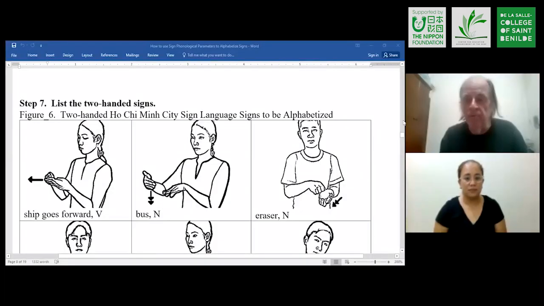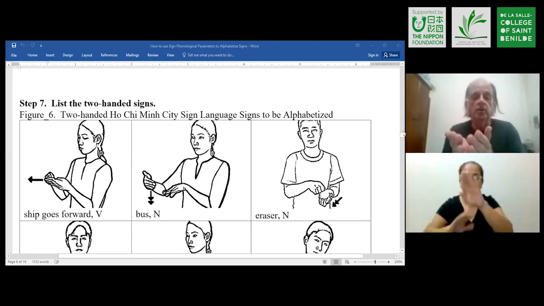All right, so now let's go ahead and look at the data from Ho Chi Minh City Sign Language. So the first thing we do when we're finished with the one-handed signs, we look for two-handed signs and we list them. You've probably already done that. So here are the two-handed signs.